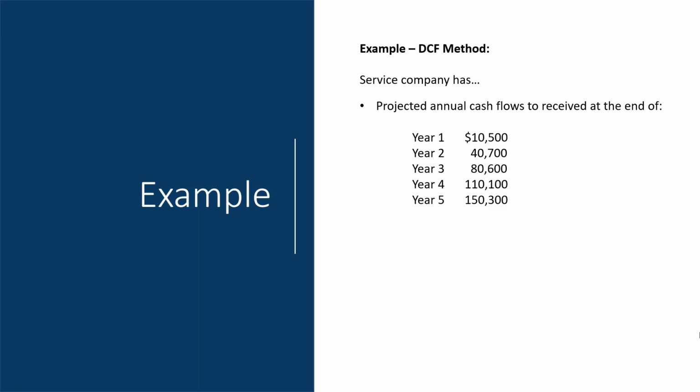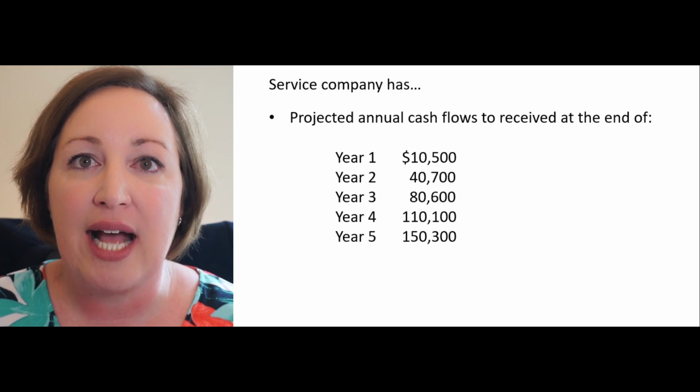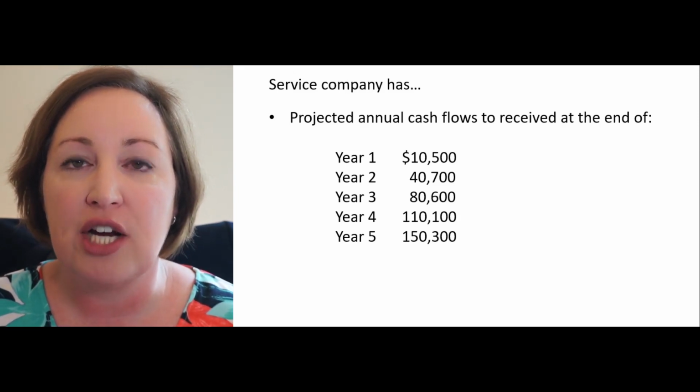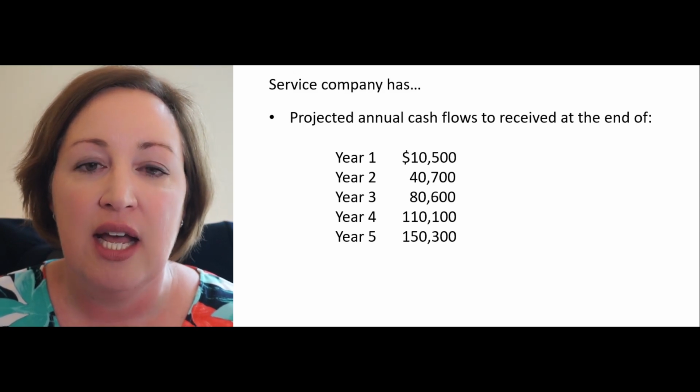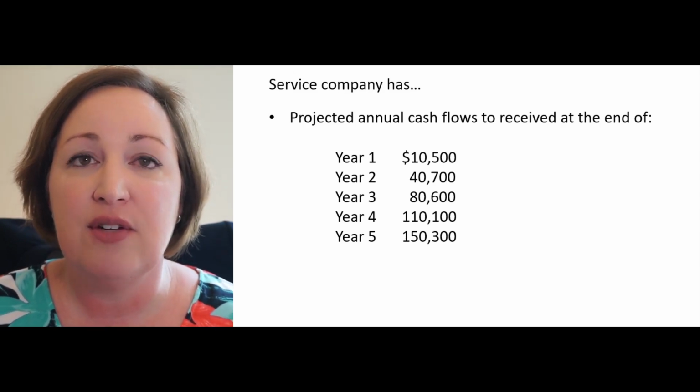This example, using a discounted cash flow method, is really great to use for companies that are expecting to have fluctuations in their cash flows. It's also great for companies that have good forecasted earnings or forecasted cash flows, where there are reliable projections that can be used for discounted cash flow analysis. It's also really great for companies that are expected to have different growth rates.